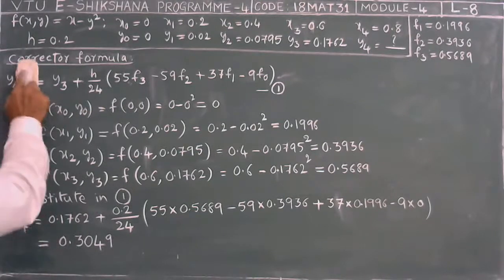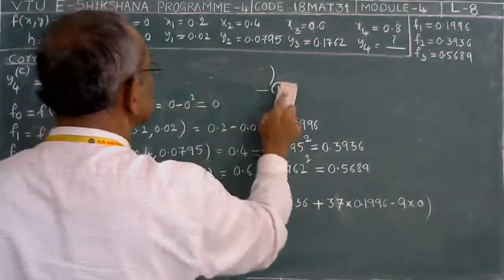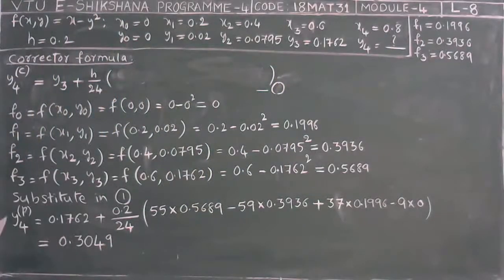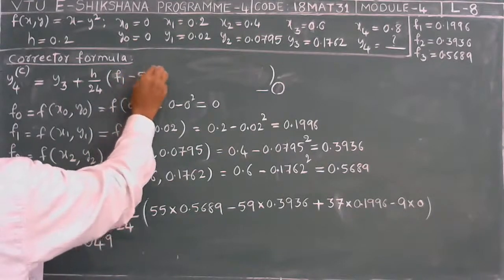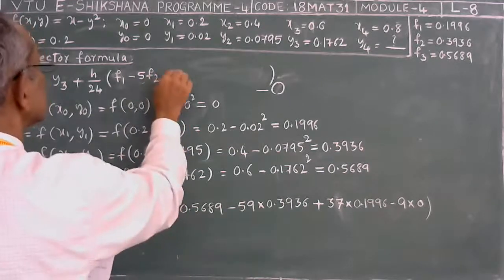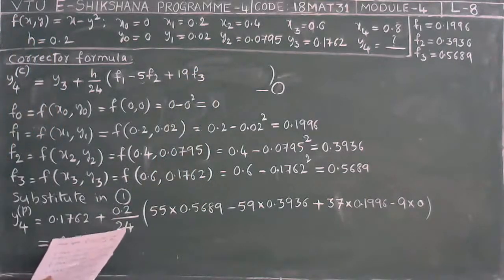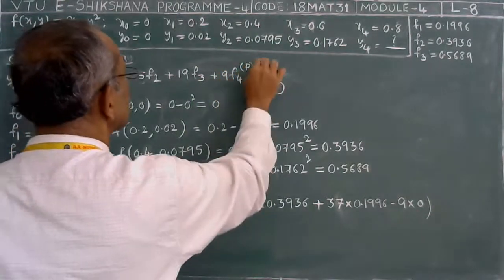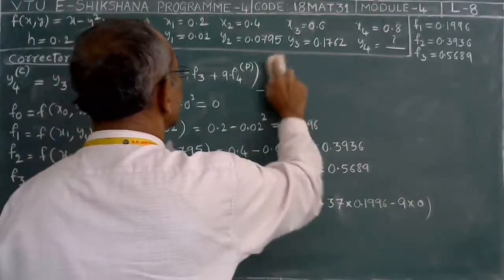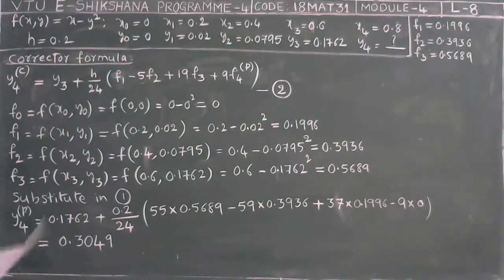And this is given by y4c is equal to y3 plus h by 24 times f1 minus 5 times f2 plus 19 times f3 plus 9 f4p. All this as equation number 2.